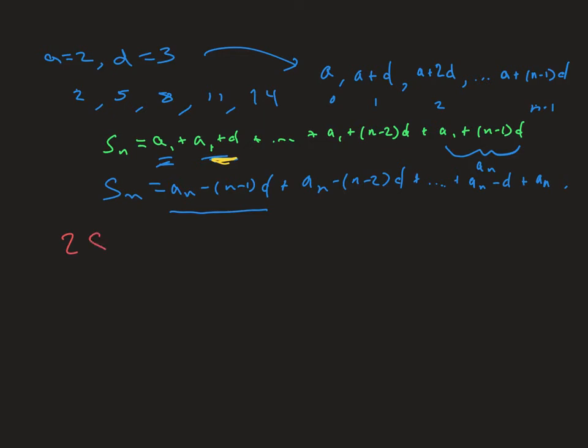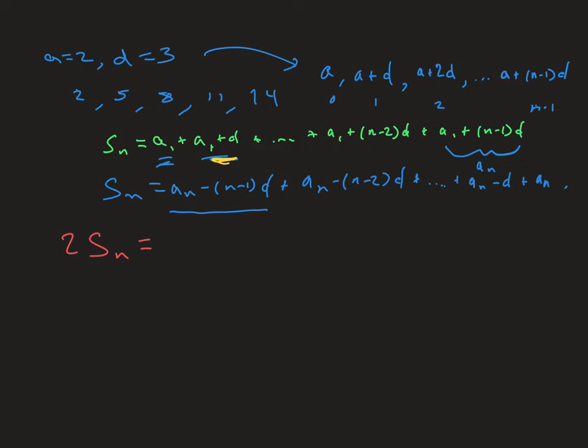So on the left, you get 2 times s sub n equals. Okay, here is where we have to pay close attention to what's going to happen when we add. Some of you may have already noticed that we have plus d's in the top and those minus d terms in the bottom. So when we add, they're going to cancel.